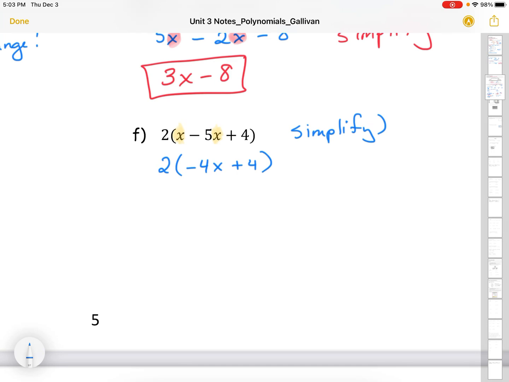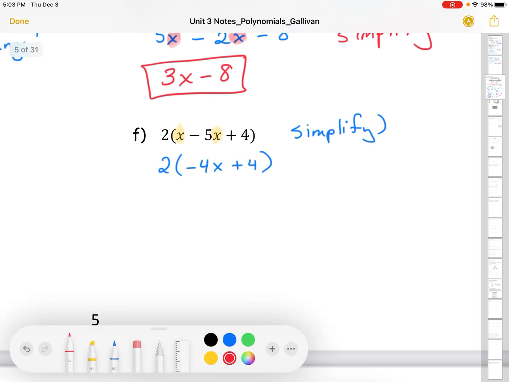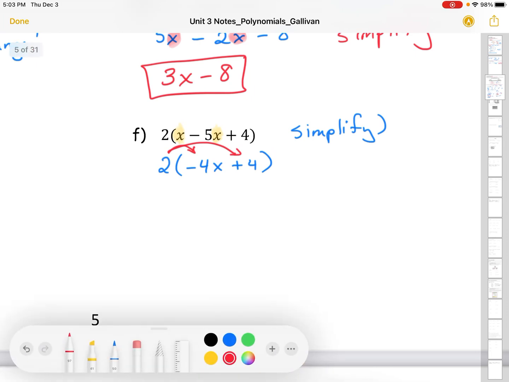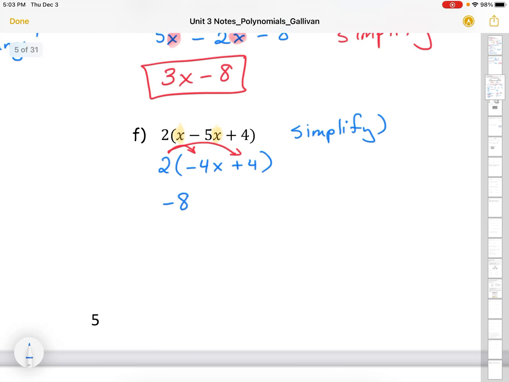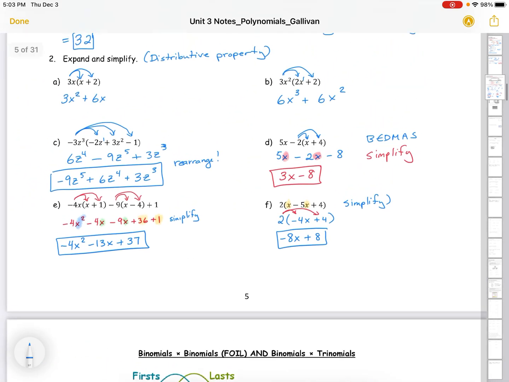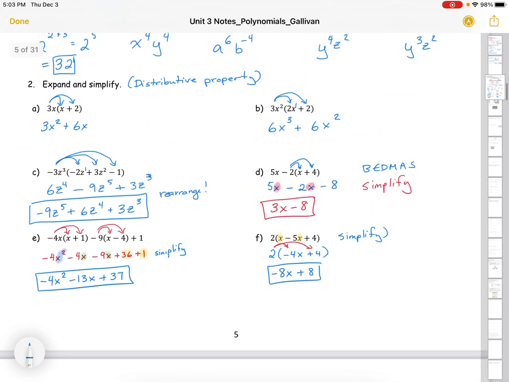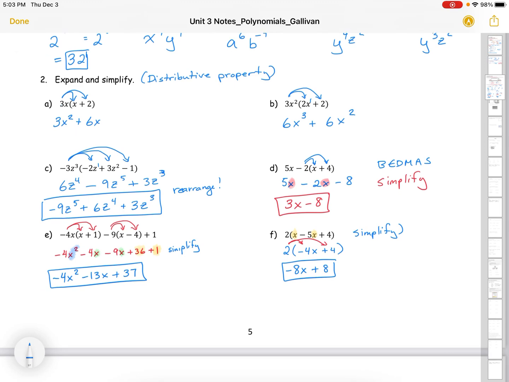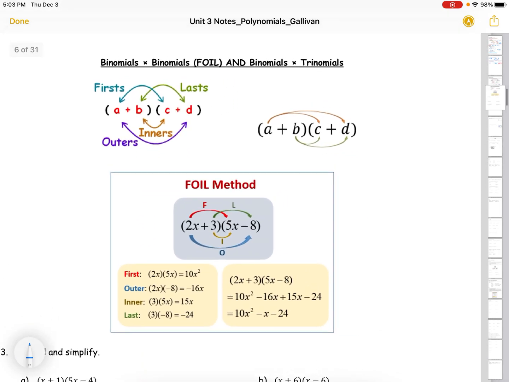And now I am going to distribute that multiplication of that 2. So when I do that, I get 2 times negative 4 is negative 8x, and 2 times positive 4 is positive 8. Okay? Alrighty, if you want to pause, take a screenshot, just to get those examples. There you go. All right.